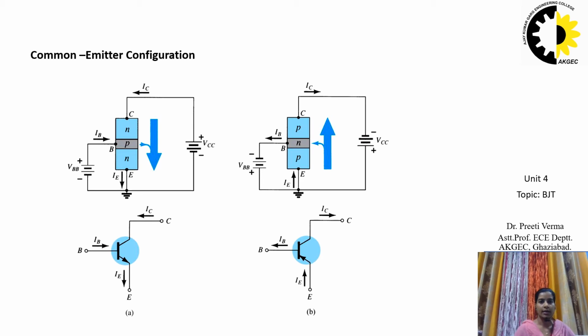In that way the input side junction, that is the emitter base junction, is forward biased for both the diagrams, and the collector emitter junction is reverse biased for both. So the input junction is forward biased and the output is reverse biased for the operation of the device in the active mode of operation.